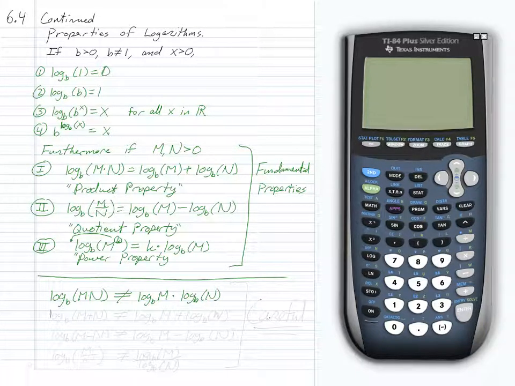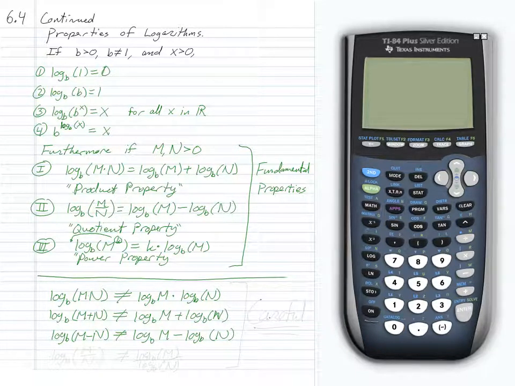Similarly, log base b of m plus n is not equal to log base b of m plus log base b of n. Likewise, log base b of m minus n is not generally equal to log base b of m minus log base b of n.